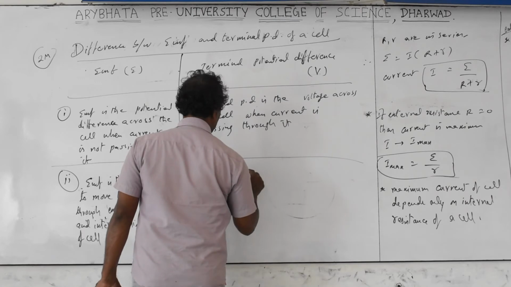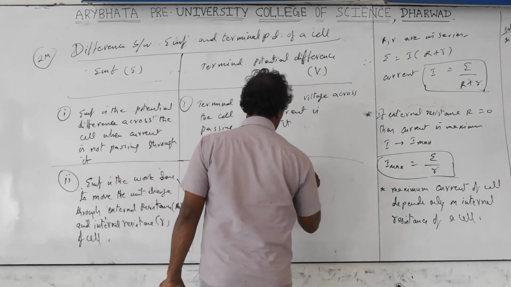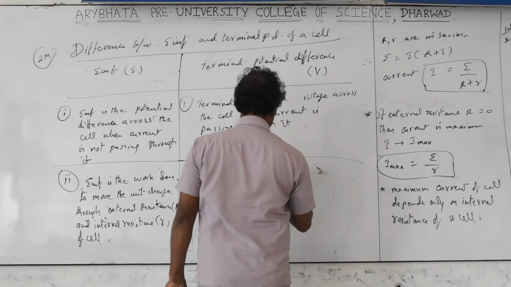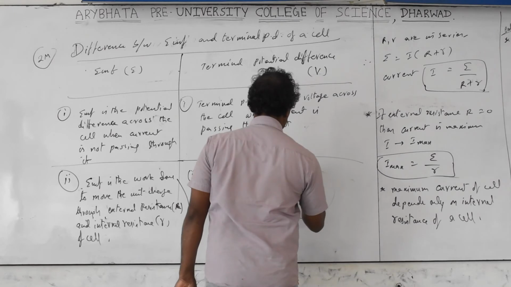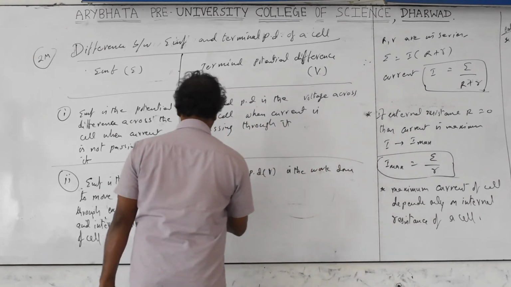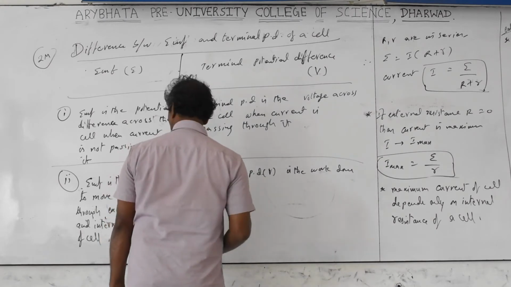Terminal PD is the work done. Terminal PD symbol is V. It is the work done to move unit charge.